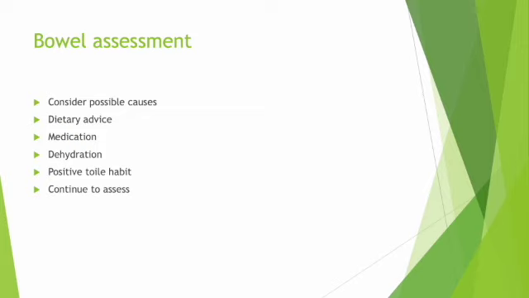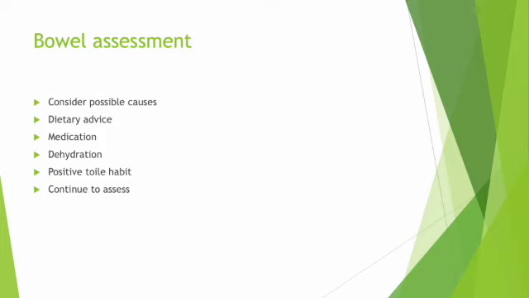And for diarrhea, of course, you have to look for the causes as well. So it can be food poisoning, or maybe some side effect of medication like antibiotics. And also it can be maybe the abnormal absorption problem, or maybe the patient has Crohn's disease or IBD.